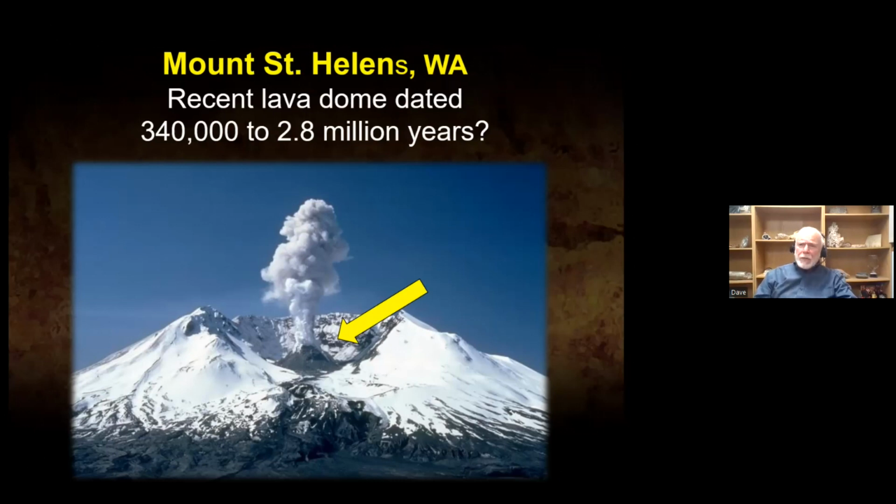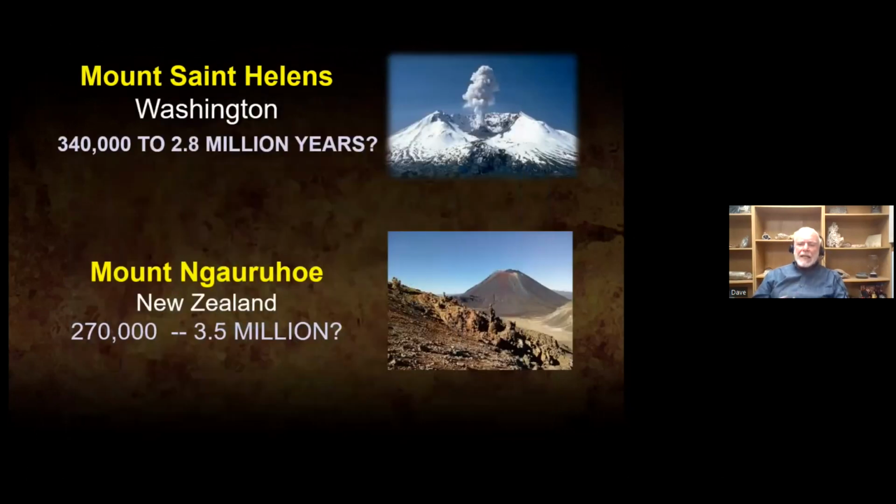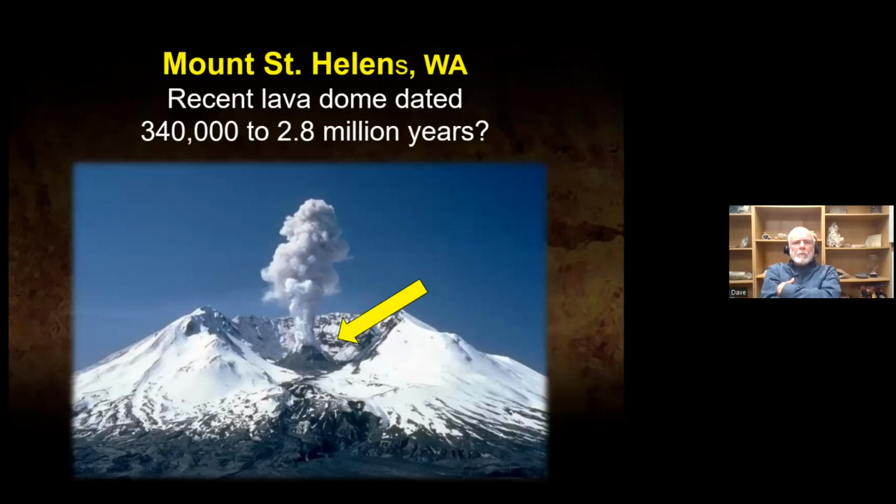So they should get about 30 years. Nope. The dates they got were all the way from 2.8 million years down to 340,000 years, nothing less. So I say something's wrong with that dating method.